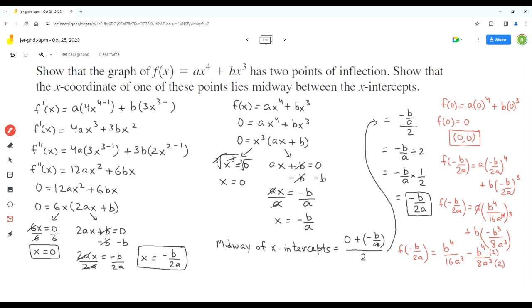So we can continue here. So f at negative b over 2a is b to the power 4 over 16a cube minus 2b to the power 4 over 16a cube. Now we can subtract these fractions.